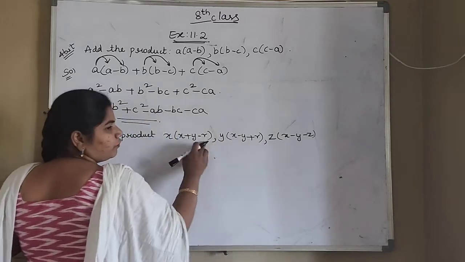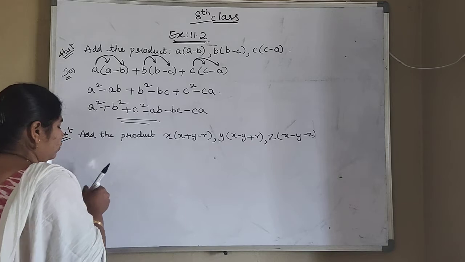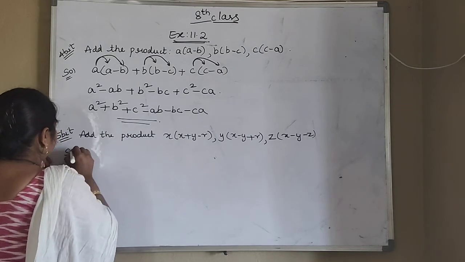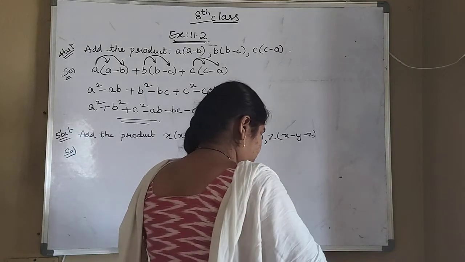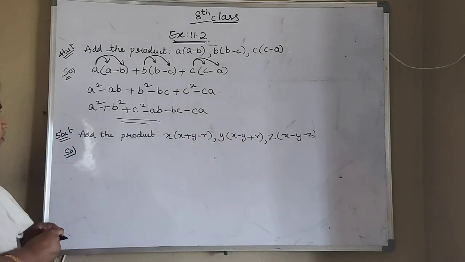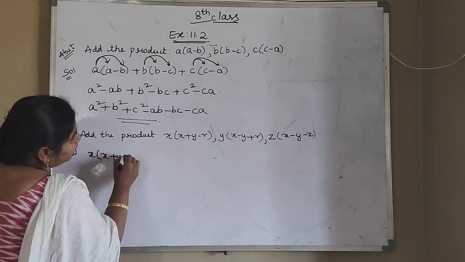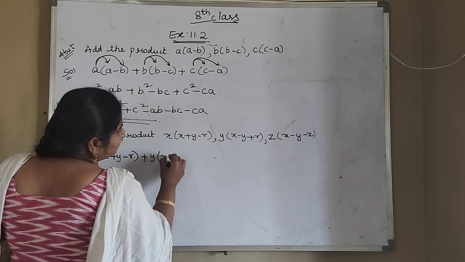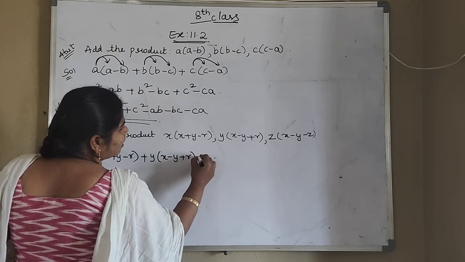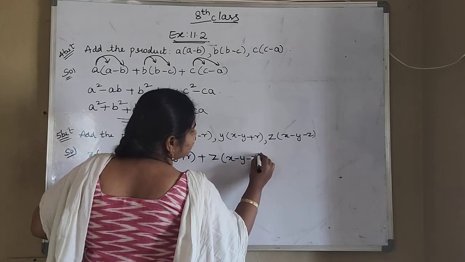In place of commas you have to replace it with plus. So the solution: x into x plus y minus r plus y into x minus y plus r plus z into x minus y minus z.